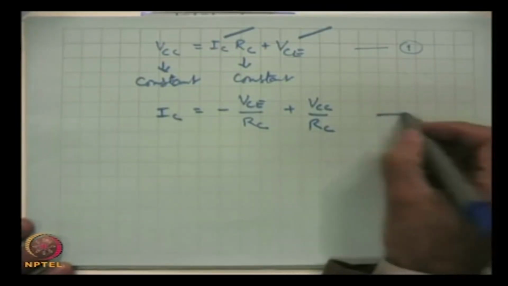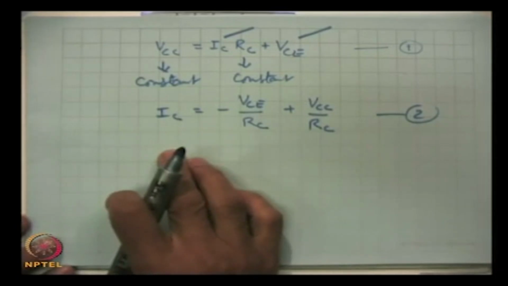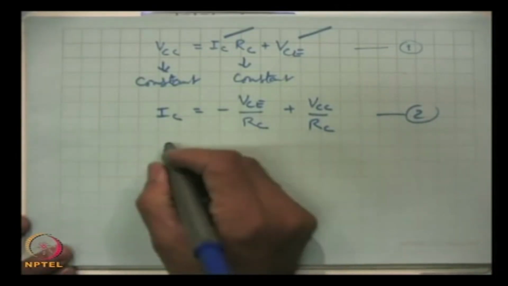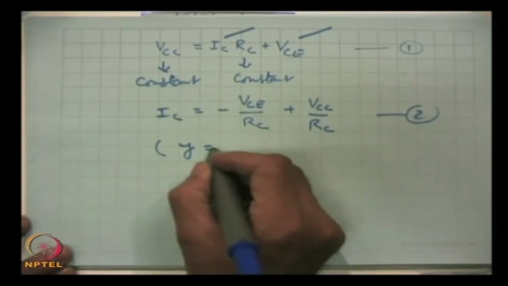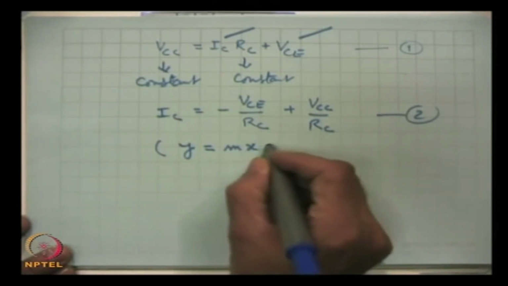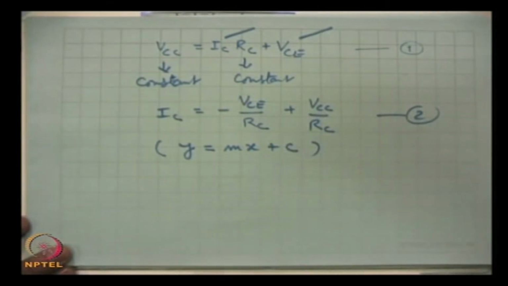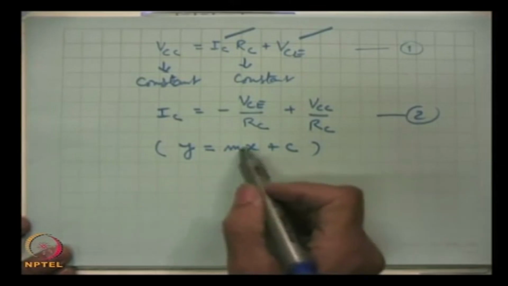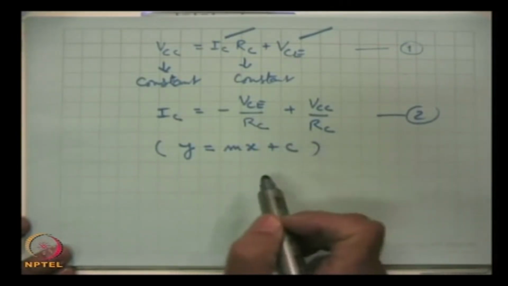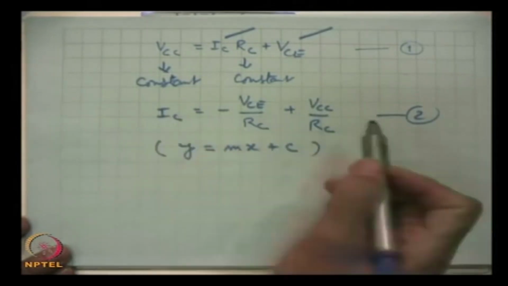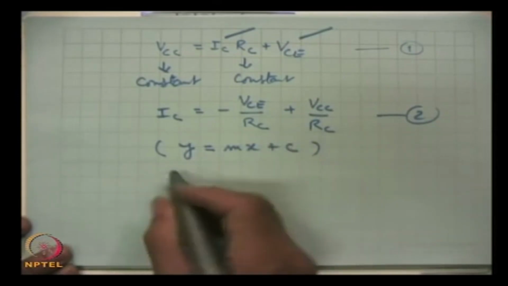Now, this is the equation of a straight line, and we can compare it with the standard equation. You must be familiar, y is equal to mx plus c. This gives the slope of the line, and this is the intercept on the axis.